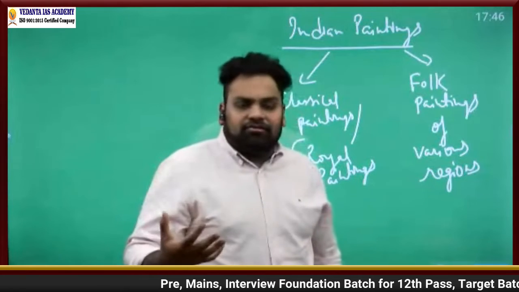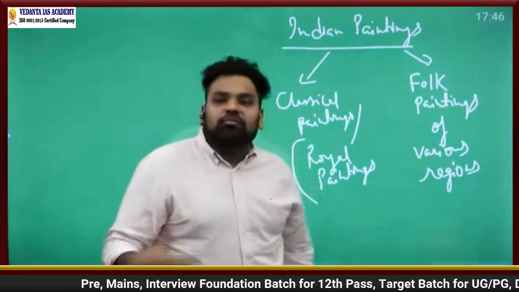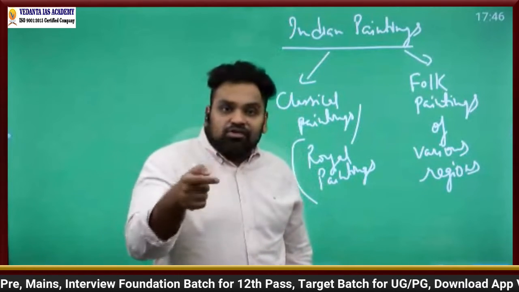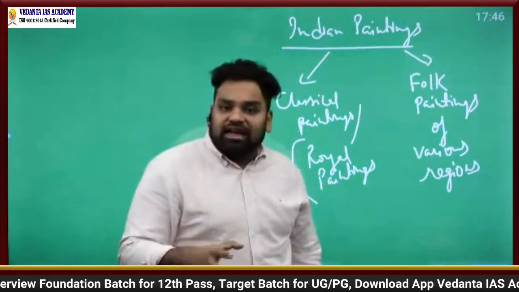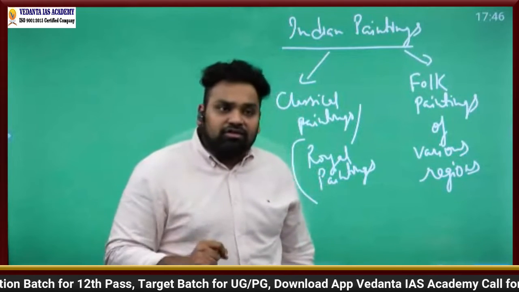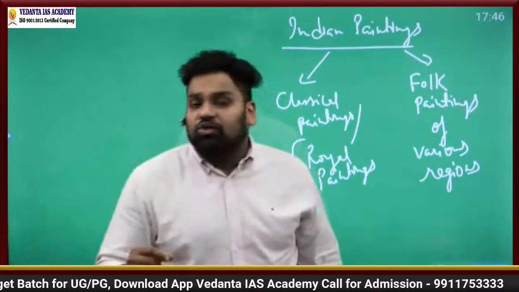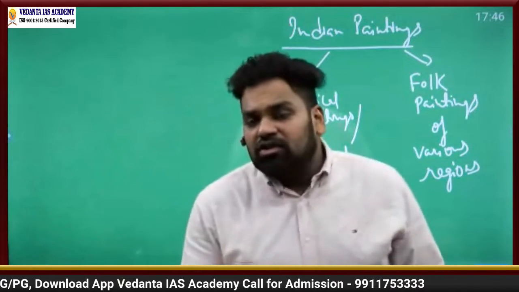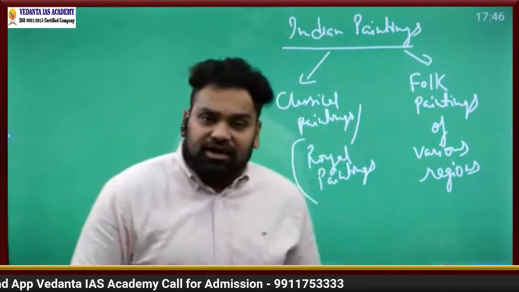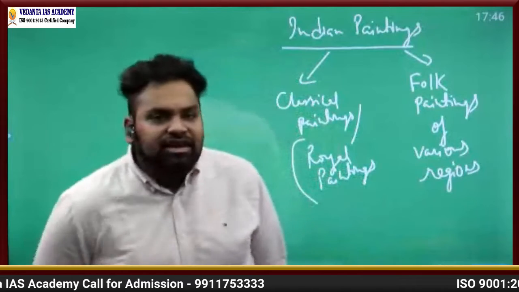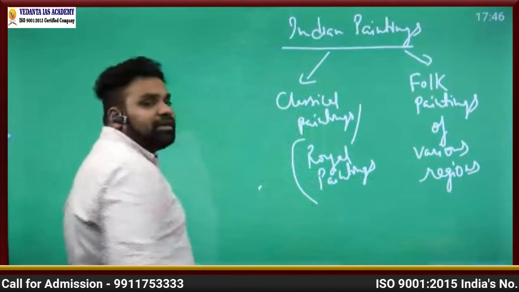He was himself a very, very good painter, right? So that also contributes to his case in this particular question. So Jahangir, mind you, was the person during whose time paintings were given the utmost importance, right? So this is how exactly we need to read about the royal paintings.